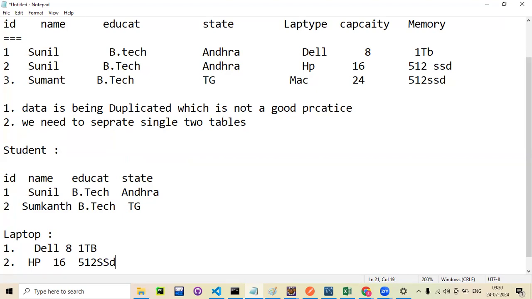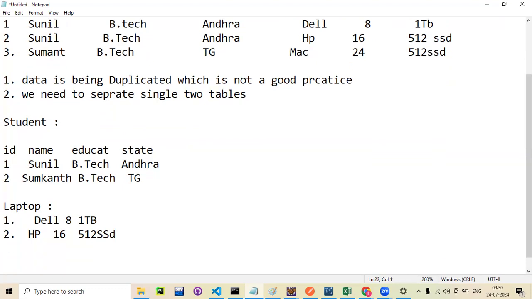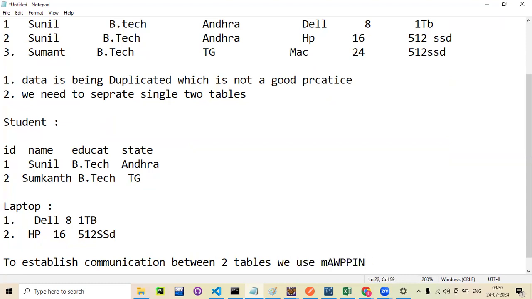There should be some communication between the two tables. So to establish communication between two tables, we use mapping.